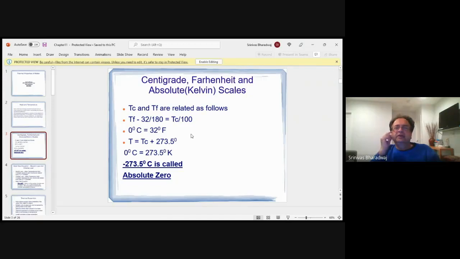Now each degree of centigrade increase is 1.8 degrees of Fahrenheit increase, or 9 by 5.